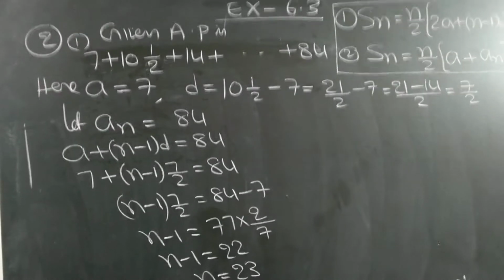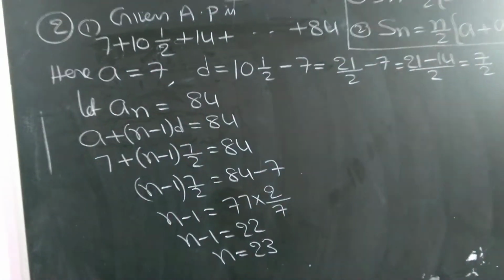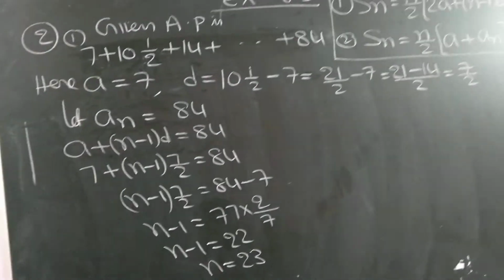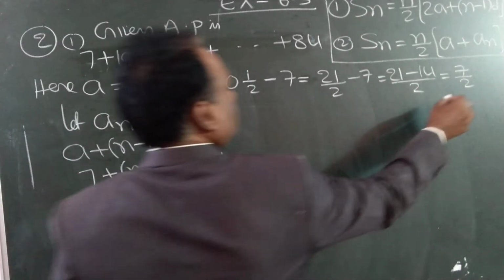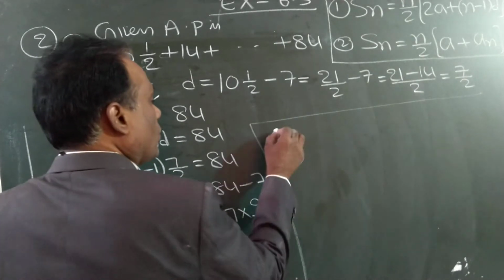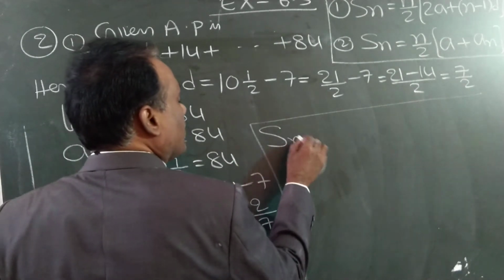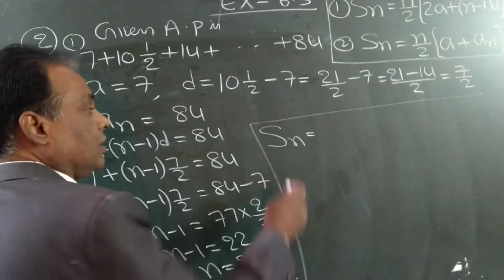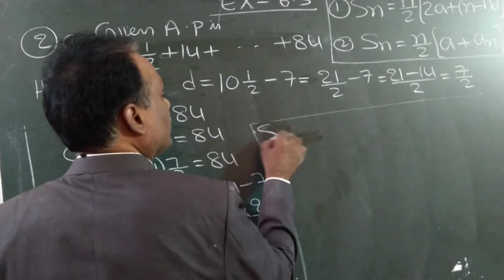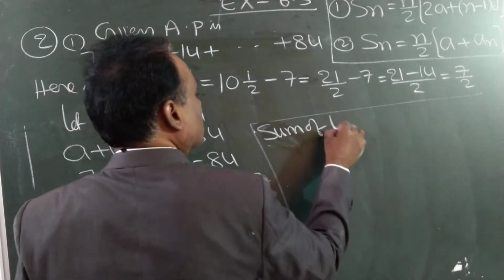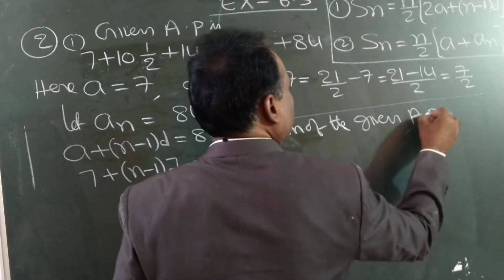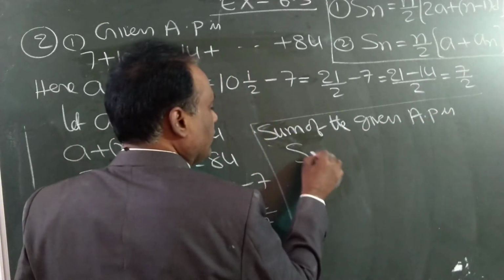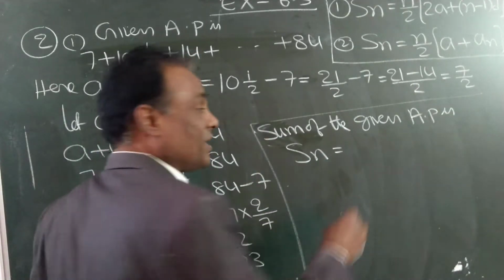Now use the first formula or second formula to find the sum of the required question. The question is, we are asked to find the sum of the given series. Sum of the given progression is Sn is equal to, what is the formula?